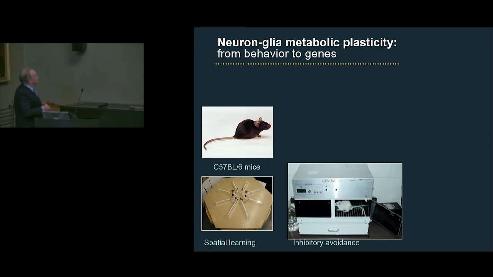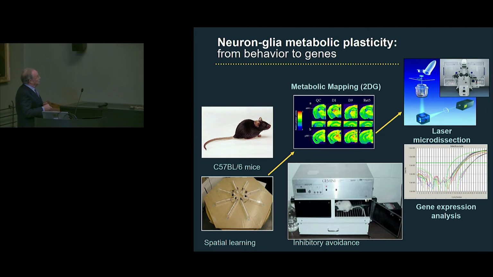And so we undertook a series of time-consuming, very time-consuming experiments to try to actually look whether there was a component in plasticity or an adaptation related to the astrocyte neuron lactate shuttle or to its neurometabolic coupling. So what we did, we subjected rodents to different behavioral tests, either spatial memory or what is called inhibitory avoidance.